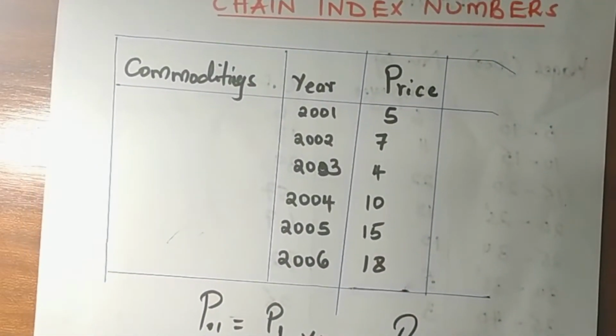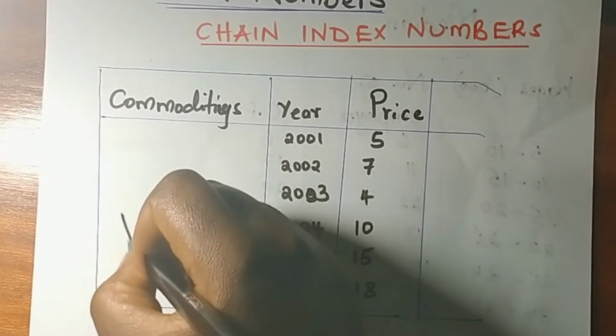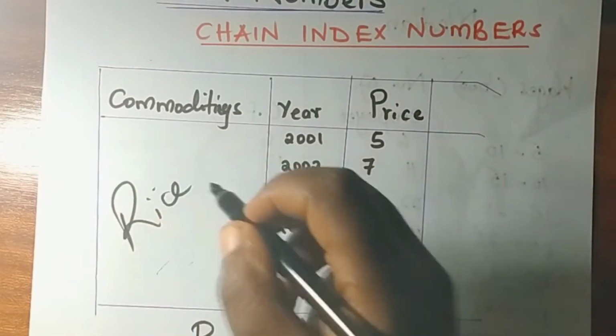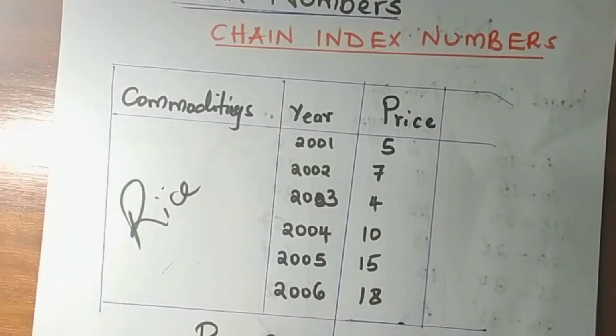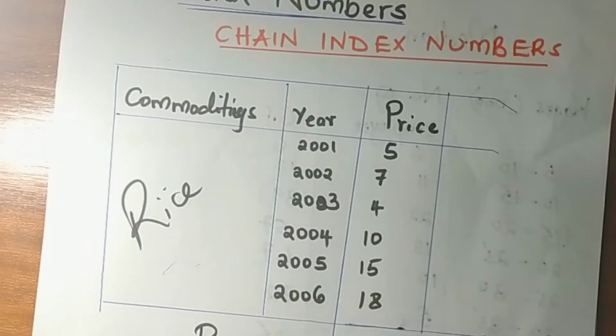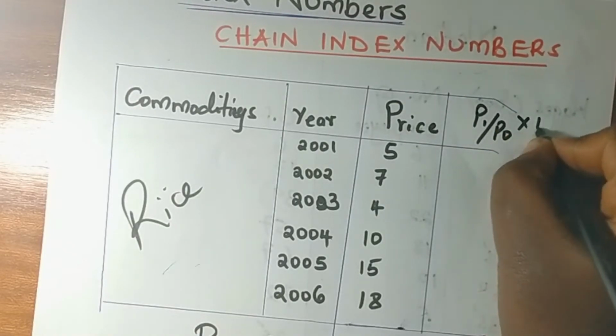In this case, we have an example where we have one commodity, say rice, and you have the prices of rice for a certain period. To find the index number using the chain-based method, we calculate the price relative, P1 over P0 times 100.